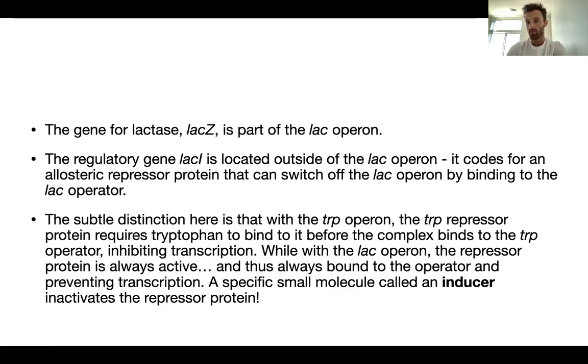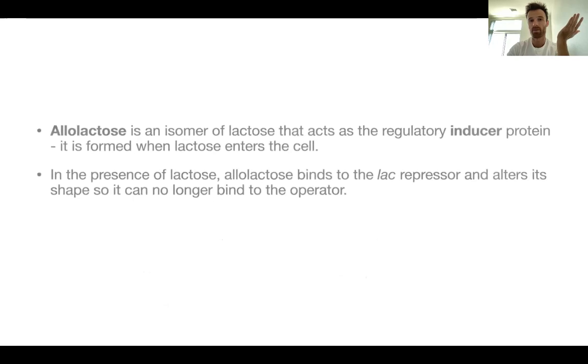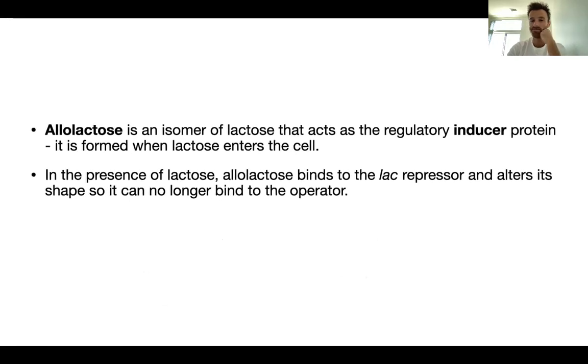You might think, oh, is lactose that small inducer molecule that's going to interact? It's actually more specifically allolactose, an isomer of lactose. It's formed when lactose enters the cell. So, not too important, but it acts as this regulatory inducer.